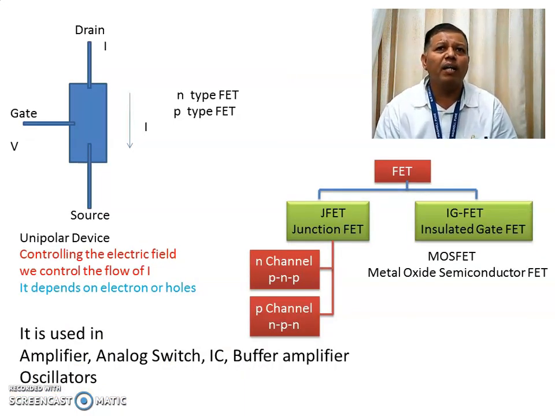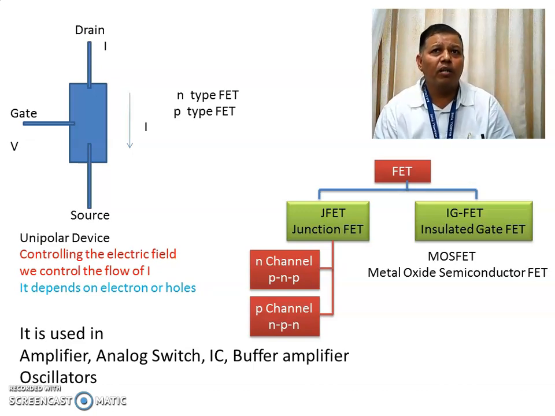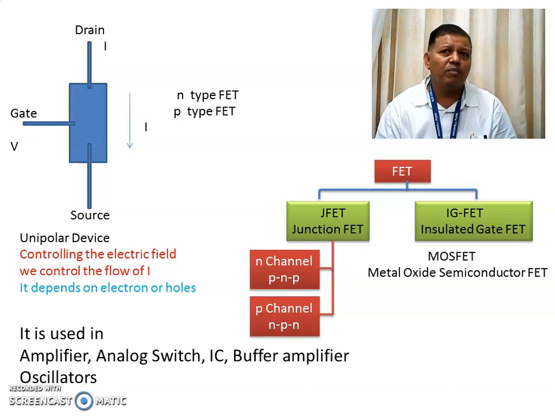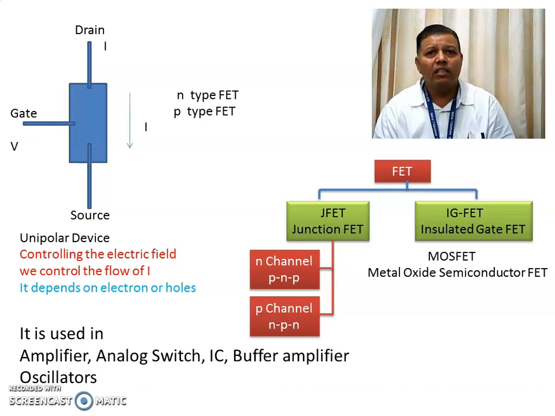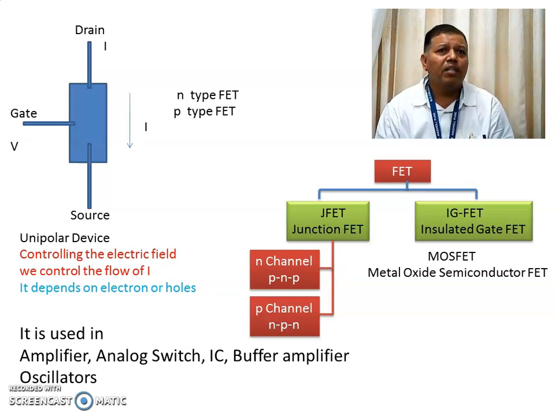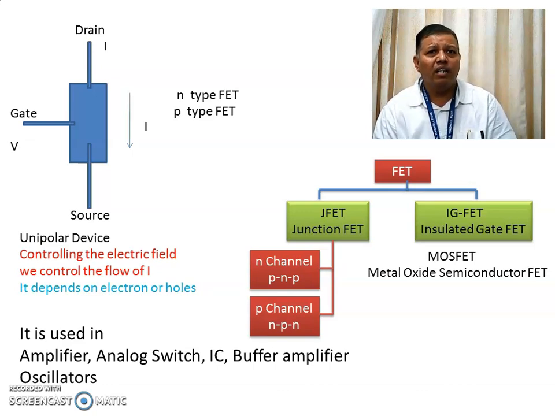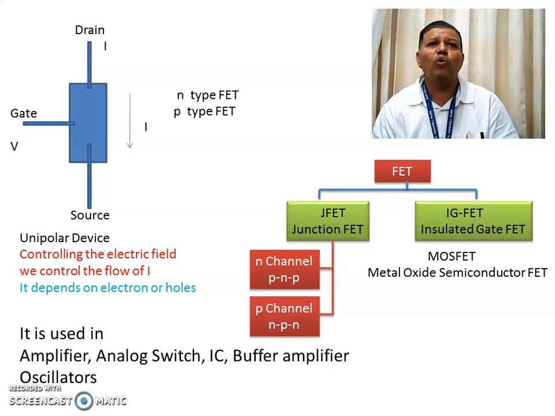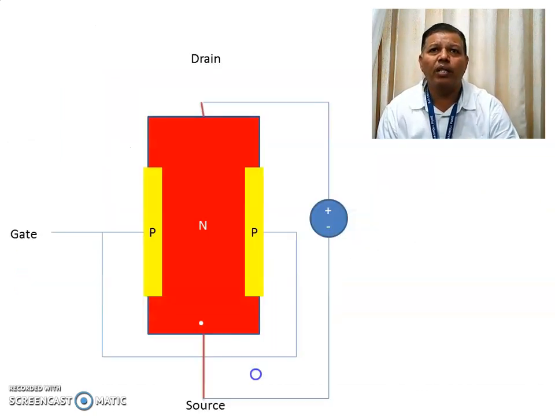There are N type FET and P type FET, classified in terms of the N type channel, that is PNP junction, and the P type channel, that is NPN junction. It is used in amplifiers, analog switches, ICs, buffers, oscillators. In this way, it is a unipolar device. It controls the electric field. We can control the flow of current, and it can be utilized in a number of electronic devices.